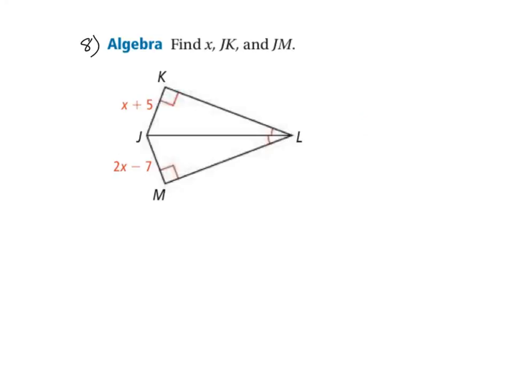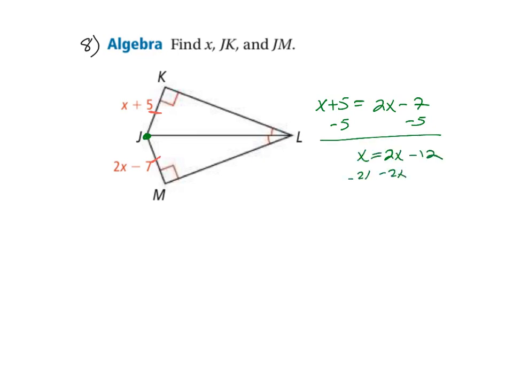Last one. Again, this is the bisector. I know it's the bisector because it's marking those two angles that are congruent. The angle bisector theorem says that any point, so J is on the angle bisector, is equidistant from the sides of the triangle. That means these two distances are congruent. So x plus 5 equals 2x minus 7. Minus 5 on both sides, x equals 2x minus 12.